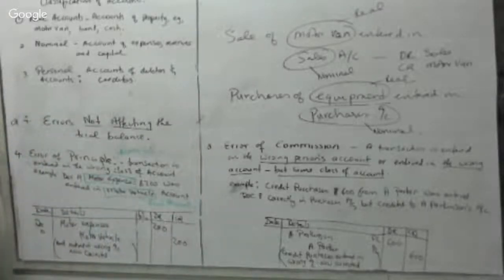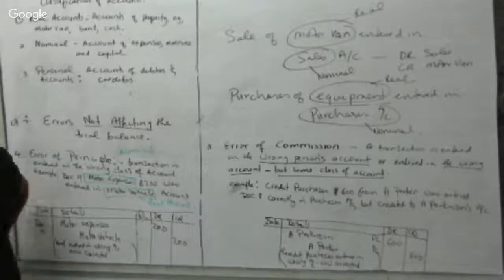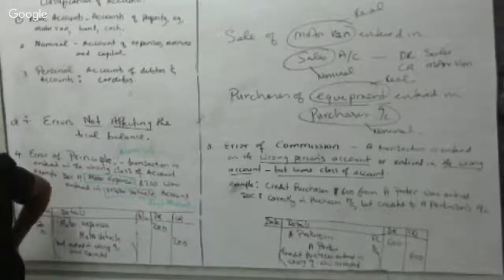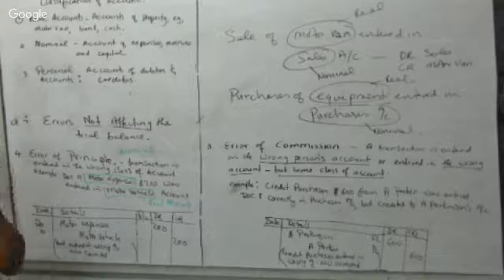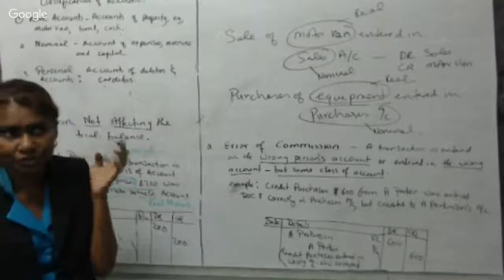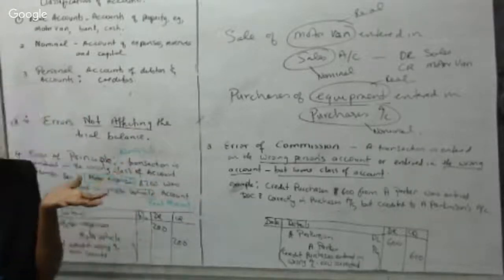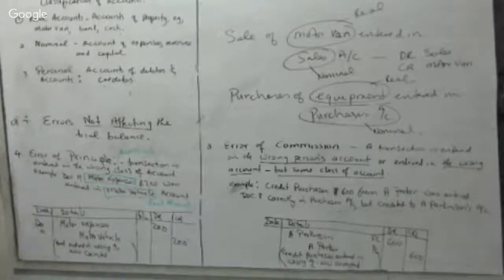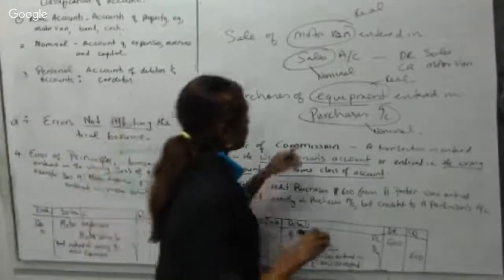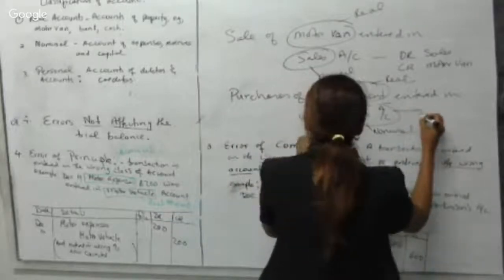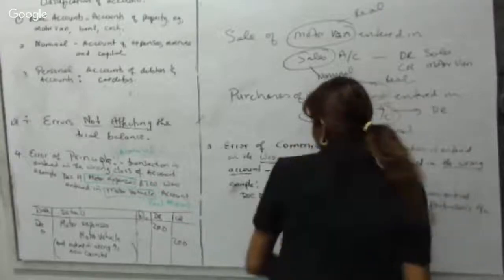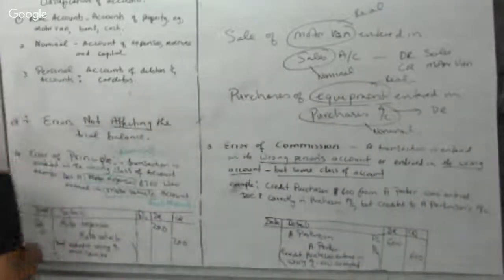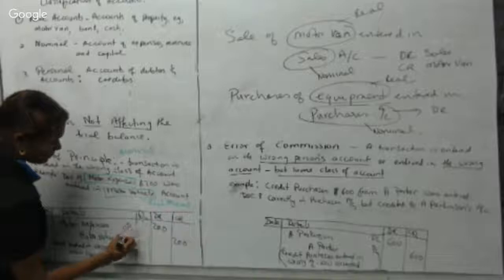The same thing if you made an error in a returns account. Well, returns inwards and returns outwards you would treat as the same because it's both stock. But suppose you return equipment and you put it into returns inwards. If you're going to correct an error like this, the folio for that is GL for both.